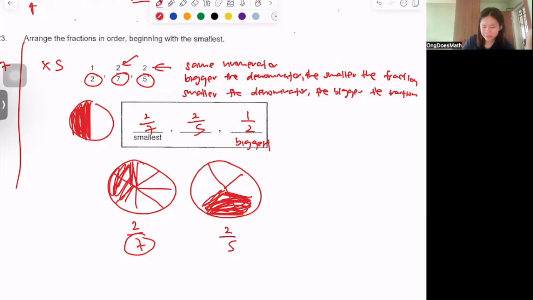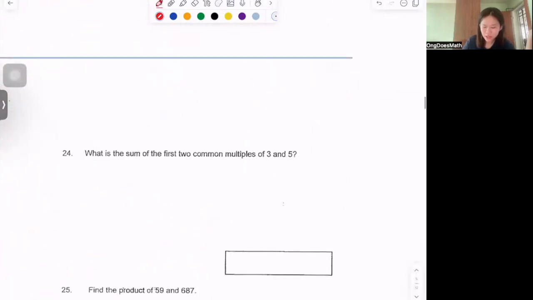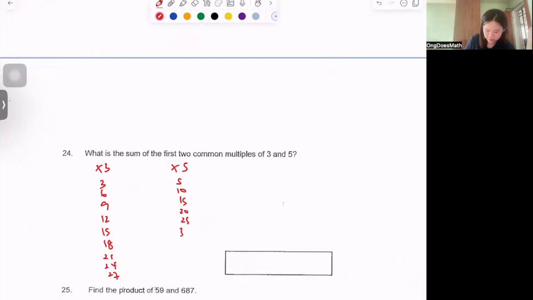Next. What is the sum of the first 2 common multiples of 3 and 5? Before you can find what's common, you have to list out the multiples of 3 and multiples of 5. So 3, 6, 9, 12, 15, 18, 21, 24, 27, and 5, 10, 15, 20, 25, 30, 35.